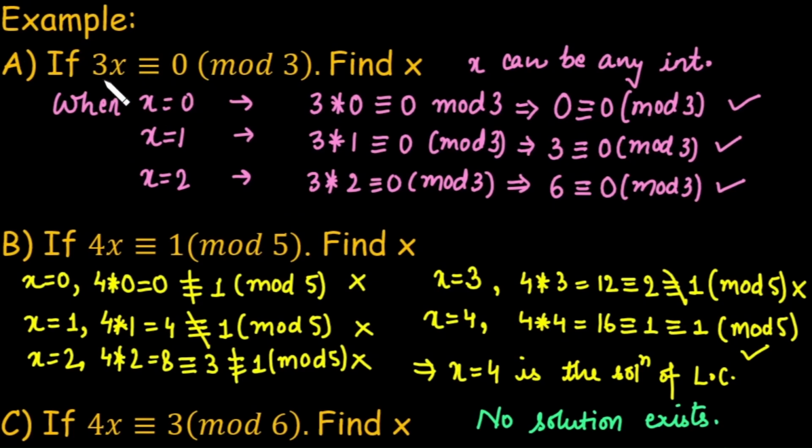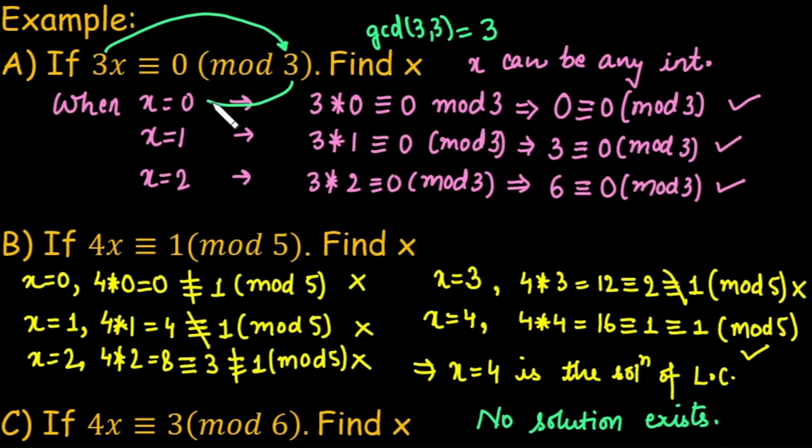In the first case, we have taken this equation: 3x is congruent to 0 mod 3. Let's apply the theorem here and check whether a solution exists. According to the theorem, we just need to find the GCD of these two numbers. So what is the common divisor of 3 and 3? That is 3.